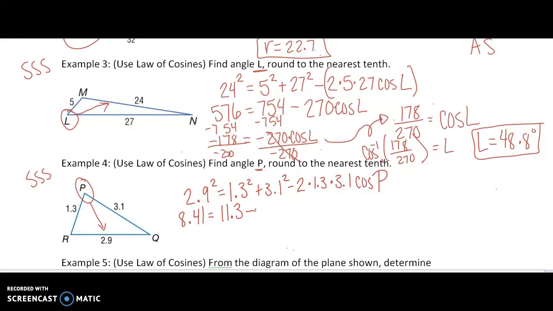Minus, again, I have 2 times 1.3 times 3.1 times cosine of P. Those 3 numbers I already know, so I can multiply those. 2 times 1.3 times 3.1, type that in your calculator, and you should get 8.06. That's being multiplied by cosine of angle P.